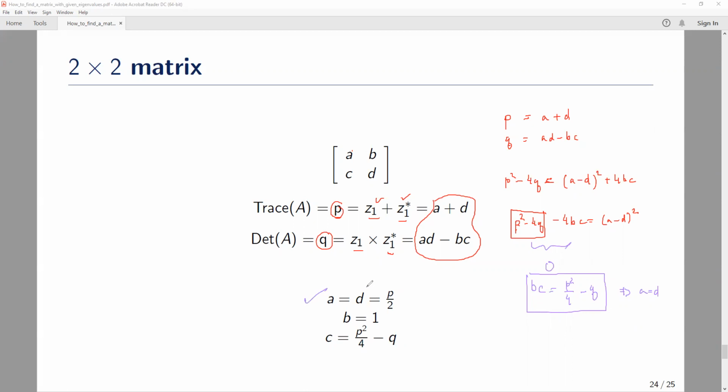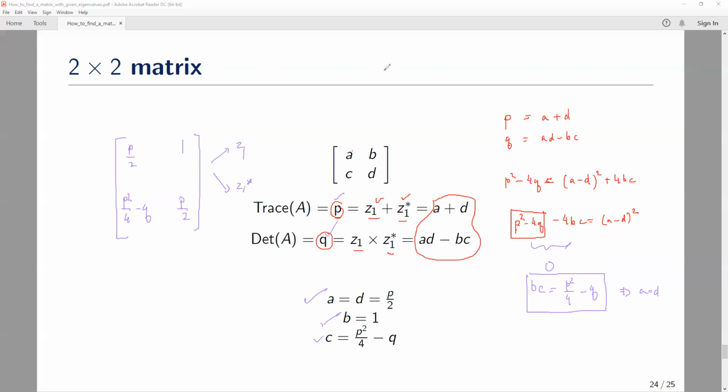So A is equal to D is equal to P by 2, and BC is equal to P square by 4 minus Q. So we put B is equal to 1, and therefore C must be P square by 4 minus Q. So if you know the trace and determinant to be P and Q, the matrix with P by 2, 1, and P square by 4 minus Q is a matrix with eigenvalues Z1 and Z1 star, where the trace and determinant are defined like this. Pretty interesting and straightforward, right?